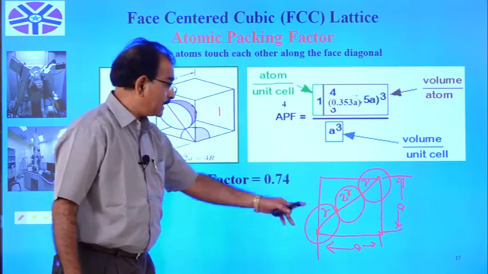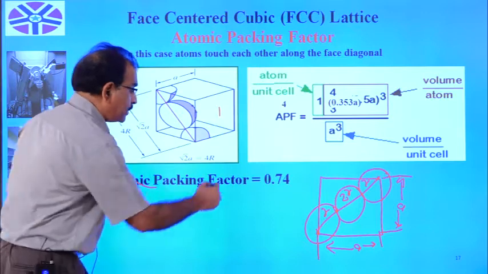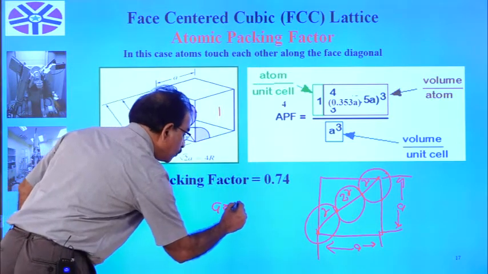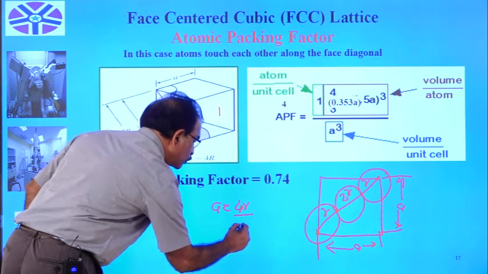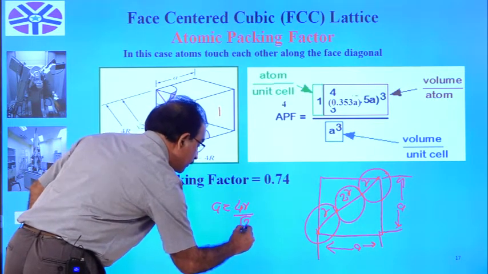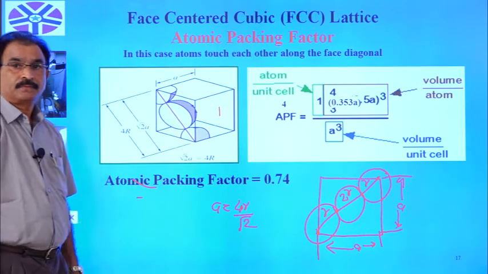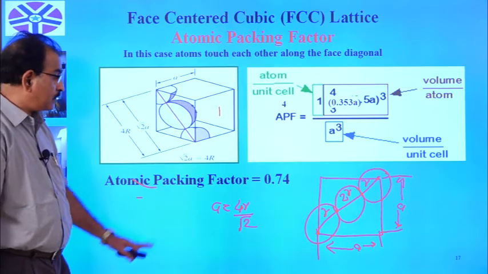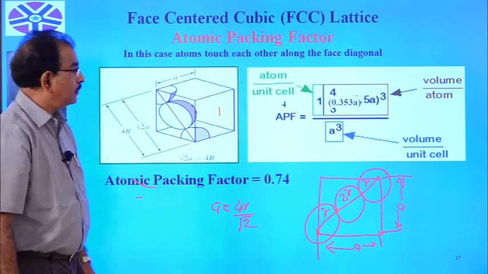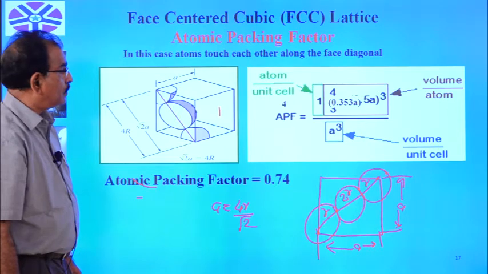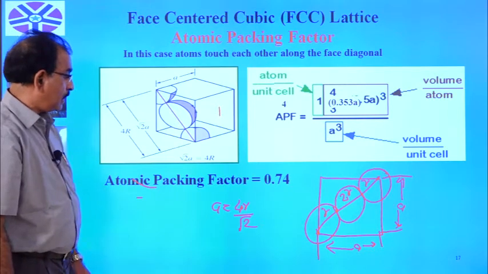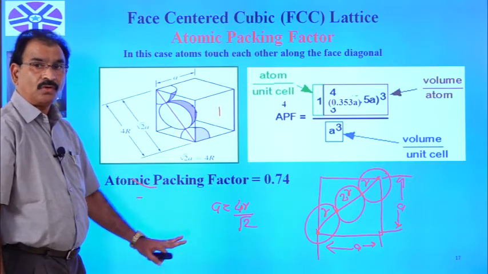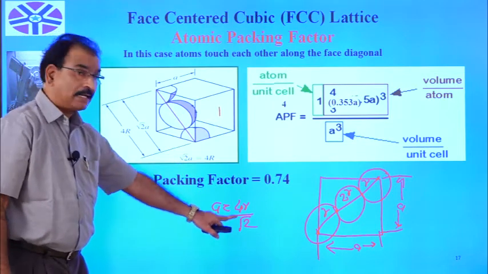If we simply calculate, A will come as 4R by root 2, or 2 root 2 R. This is the A and R relation.